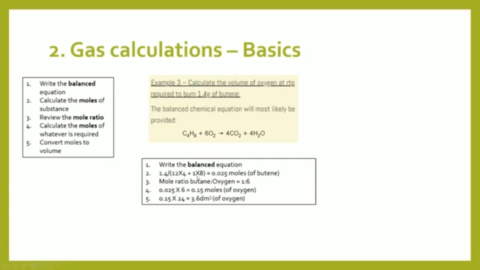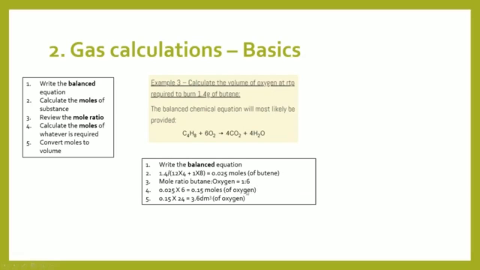The mole ratio here is 1 to 6. For every mole of butane, you get 6 moles of oxygen being used. What that means is, if 0.025 moles of butane were used, then 6 times that would have been used in terms of oxygen. So you simply times 0.025 by 6 and you get 0.15 moles of oxygen. Now that you have the moles of oxygen, you can calculate the volume using the equation before.